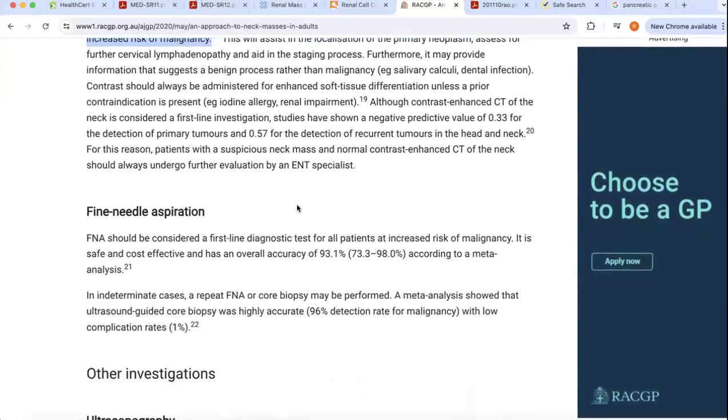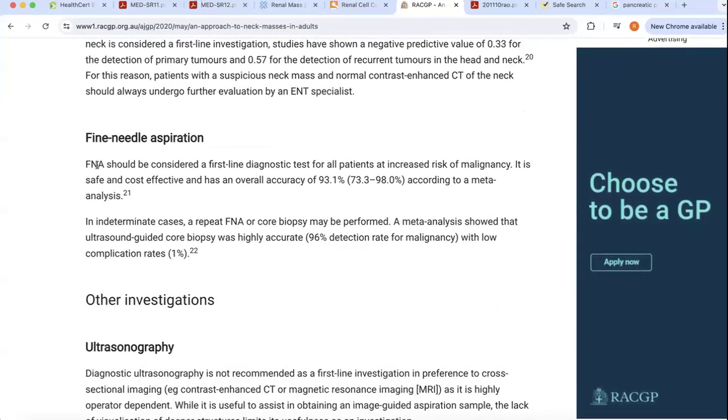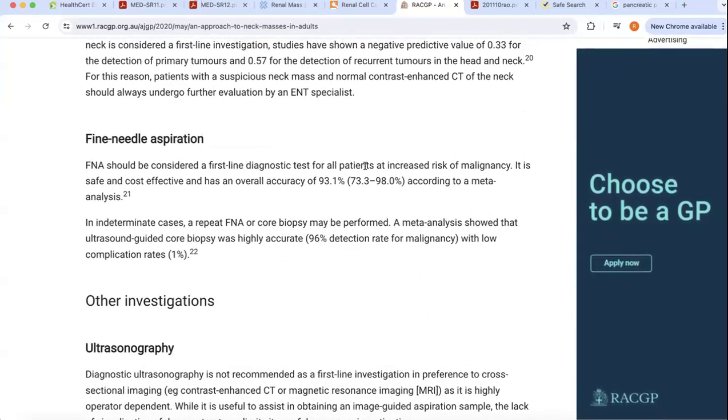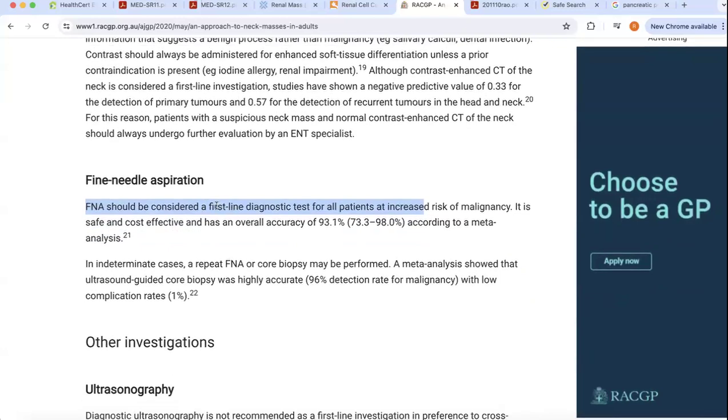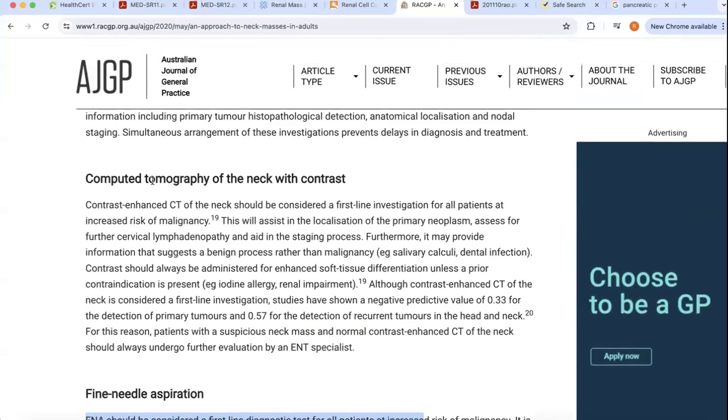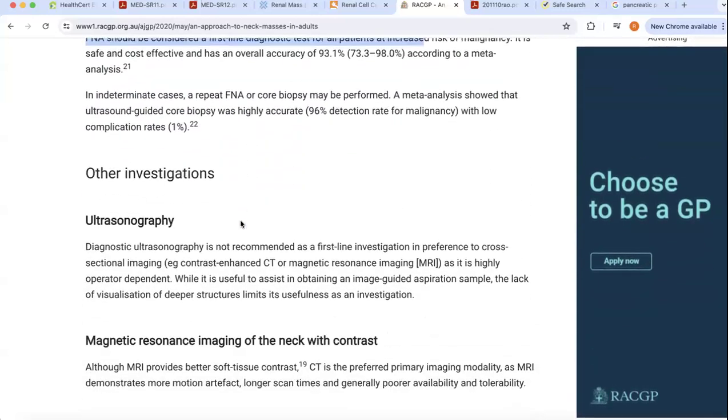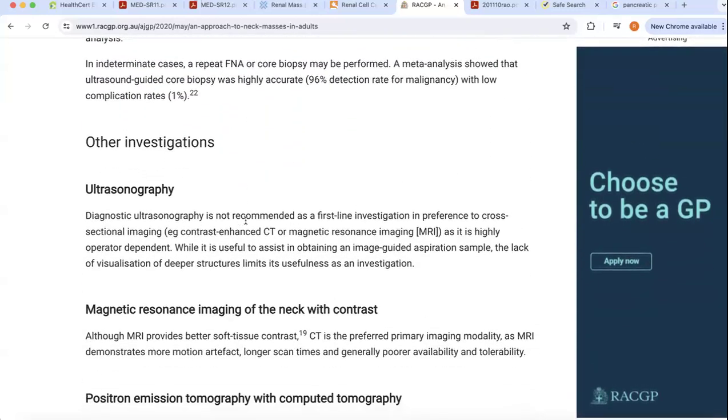Okay? And they also say FNAC should be considered a first-line diagnostic test. So normally, before sending a patient for FNAC, it's ideal to do a CT. Okay, so CT first, then FNAC. If CT is not possible, then the alternative to CT will be ultrasound.